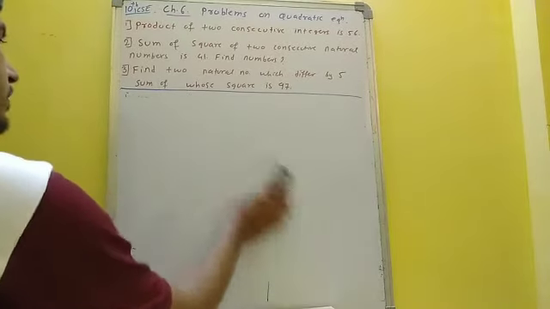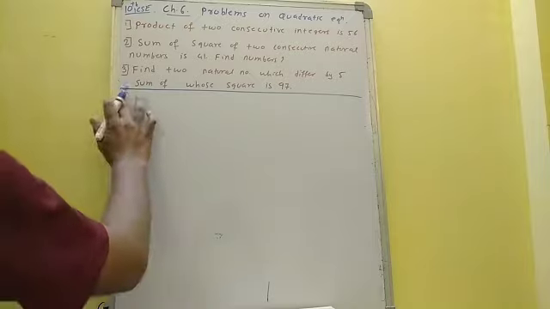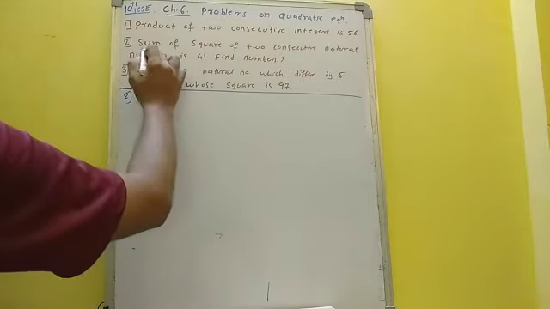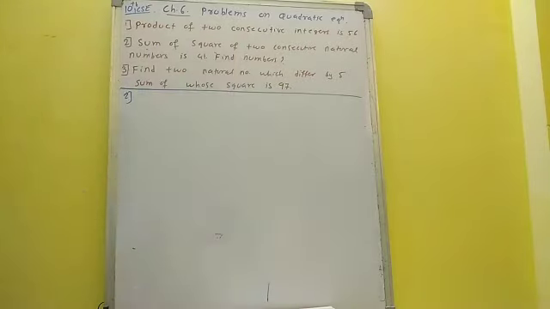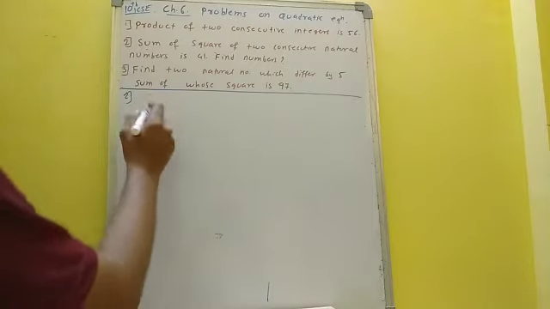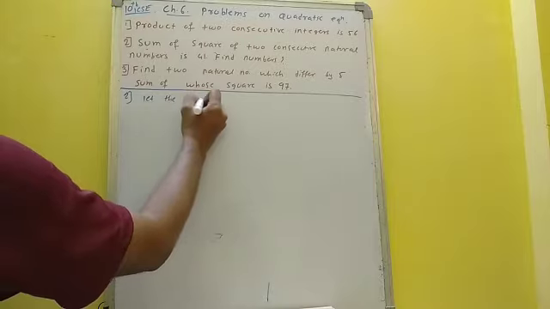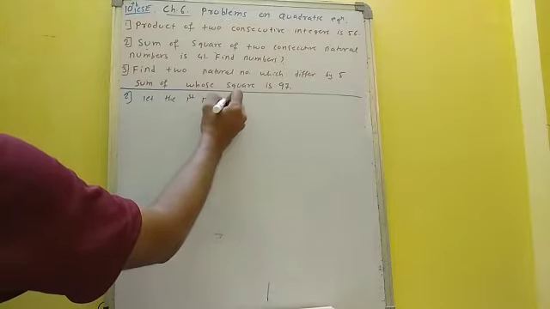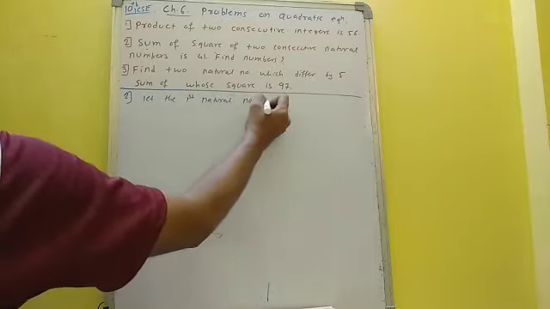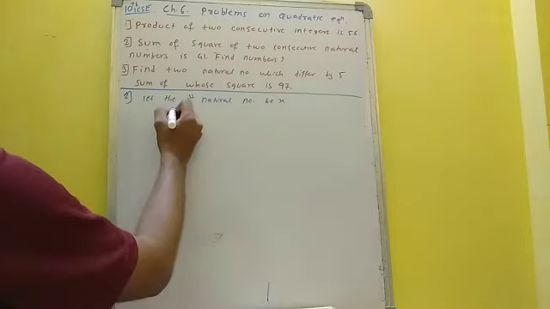What is the second question? Sum of the squares of two consecutive natural numbers. Two numbers, so let the first natural number be x.